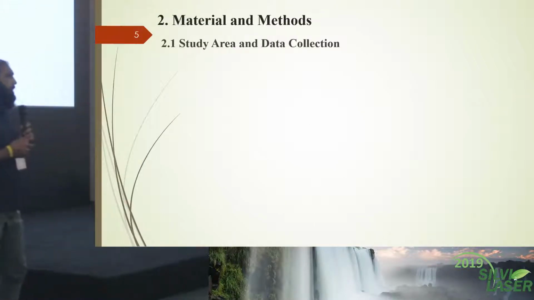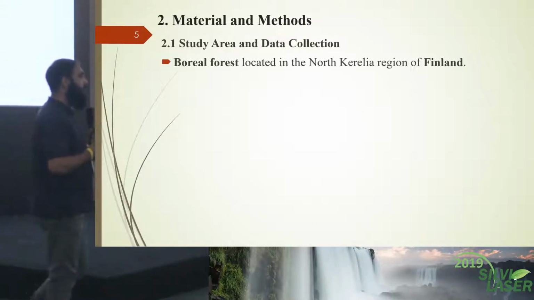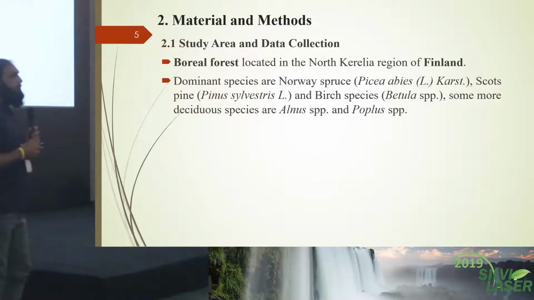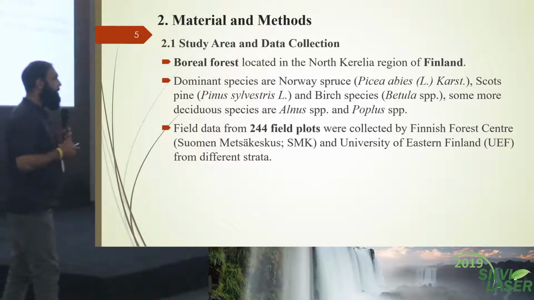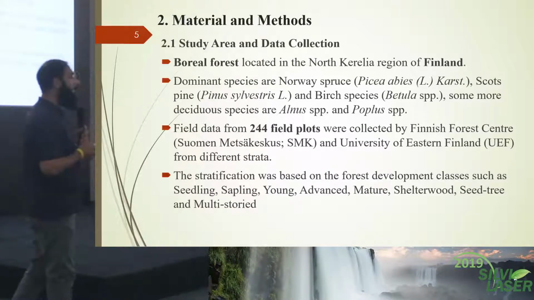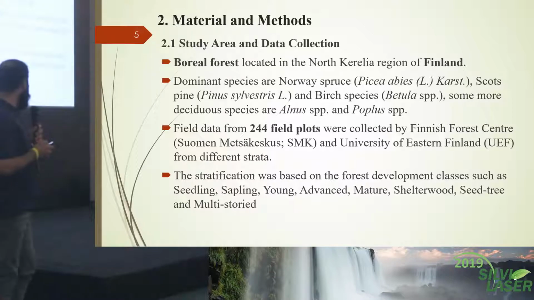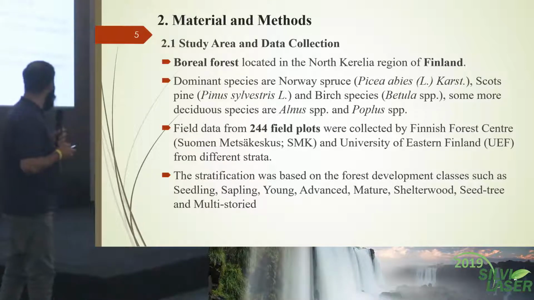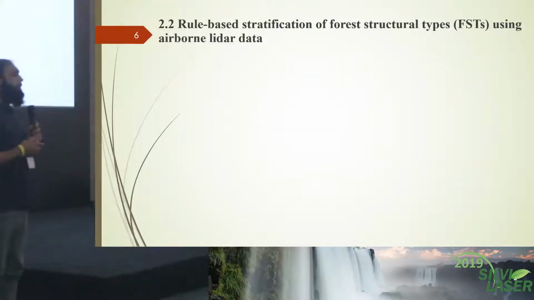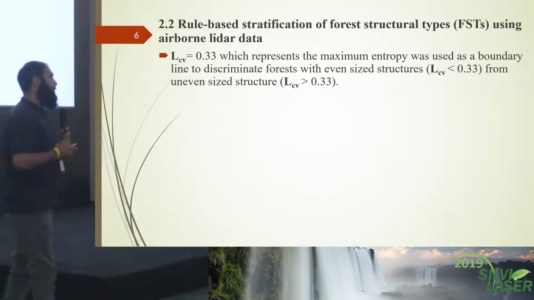The study was conducted in boreal forest, Finland, and the dominant species are Norway spruce, Scots pine, and birch species. And we have 244 field plots collected from different stand development classes like seedling, sapling, advanced, mid-shade and seed trees, and multi-storied, and approximately equal numbers of field plots were collected from each stratum. And then we applied rule-based classification to separate different structures.